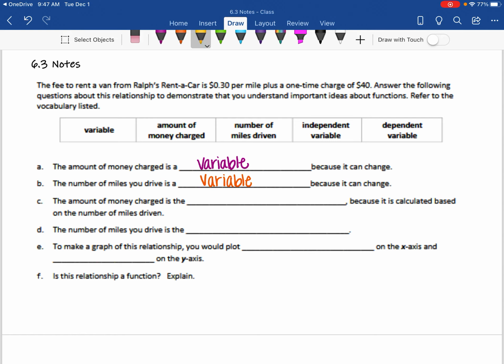Okay, the amount of money charged is the blank because it is calculated based on the number of miles driven. So the amount of money charged depends on. That means it's the dependent variable. It depends on. Okay. The number of miles you drive is the determinator. So it is the independent variable.